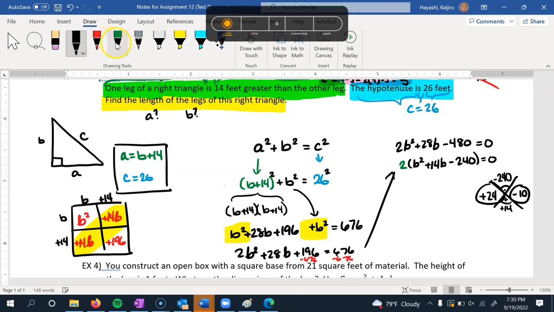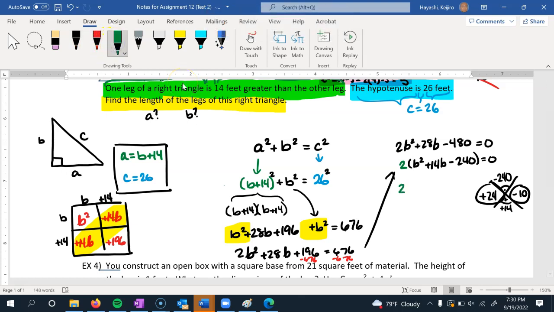So if you didn't divide out the 2, it's technically still here, but this ends up being the two factors b plus 24 times b minus 10 equals 0. This will give you b equals negative 24, and this factor will give you b equals 10.